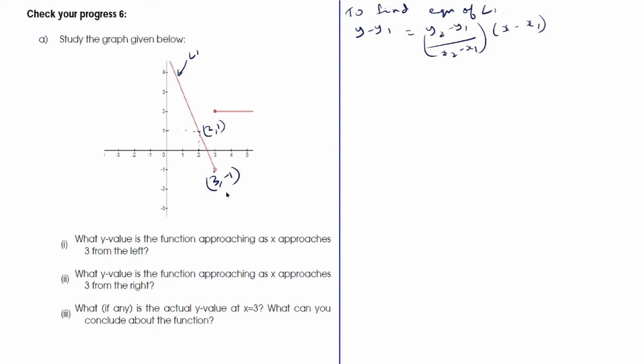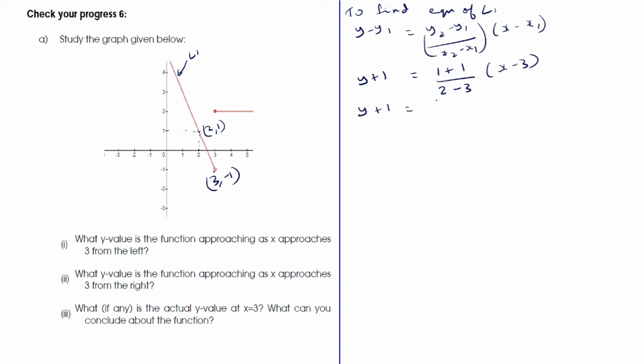So if we take x1 y1 as 3 comma minus 1, we have y plus 1 equal to 1 plus 1 upon x2 minus x1, that is 2 minus 3, into x minus 3.